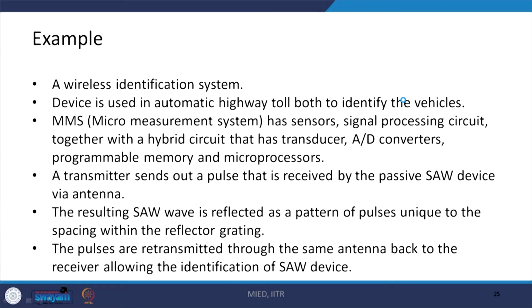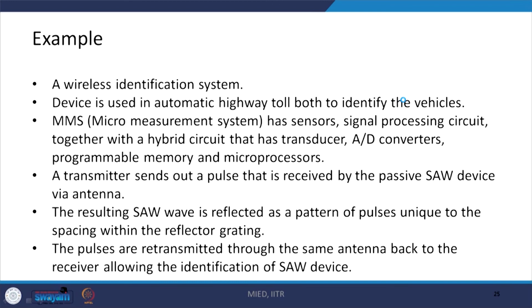Now, let us see the application of this. Its application can be found in wireless identification systems of, say, cars. The device is used in the automatic highway toll plaza to identify the vehicle.